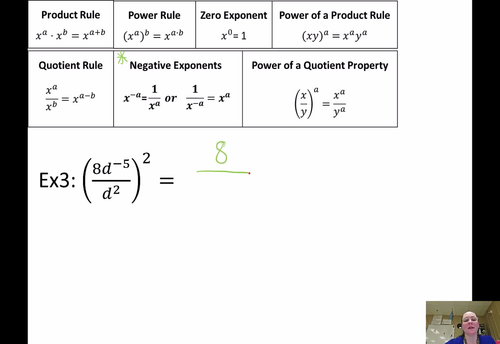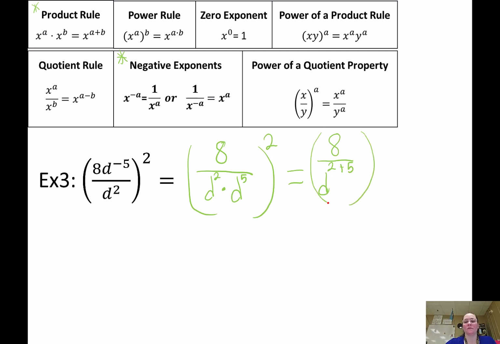So that's going to leave me with 8 over d squared times d to the 5th, and that's still all to the 2nd power. Now I can simplify that d to the 2nd times d to the 5th by using my product rule, which tells me I can add those two exponents together. Which gives me 8 over d to the 7th, all to the 2nd power.